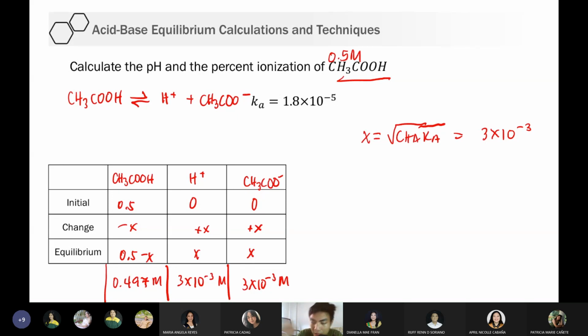So to calculate for the pH, ganito. pH is negative log ng concentration ng H+. Okay? So again, pH is negative log of the concentration of H+. Anong concentration ng H+? That is the concentration... Okay.